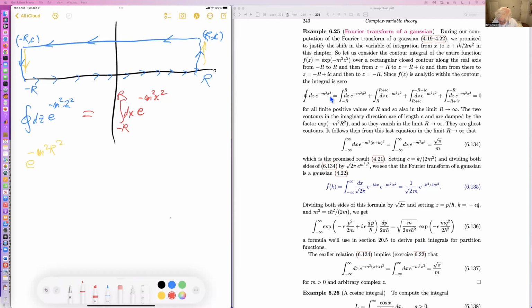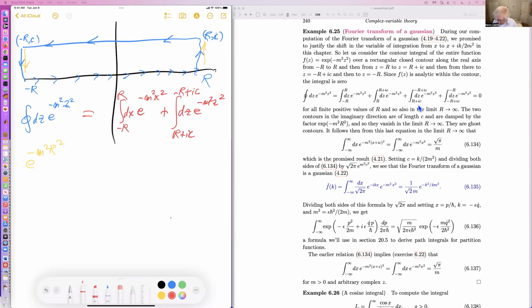And then it's plus this last integral here, from r plus ic to minus r plus ic of dz e to the minus m squared z squared.